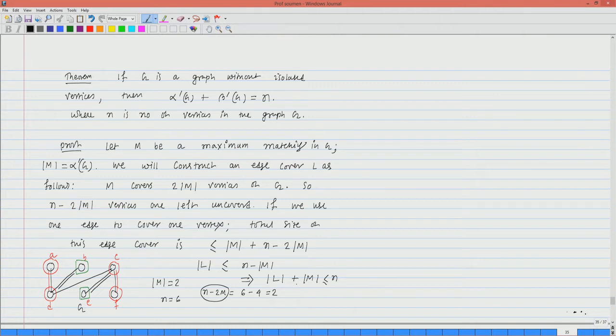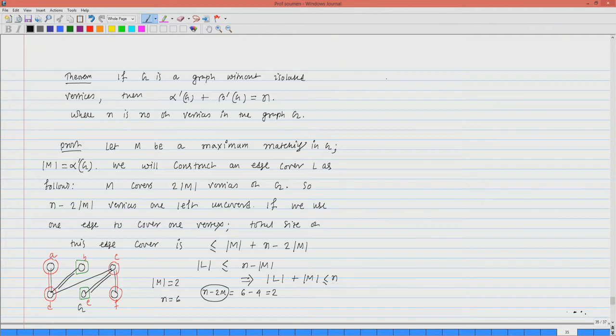So, starting from a matching, we got an edge cover, and from there we concluded that the cardinality of the minimum edge cover plus the cardinality of the maximum matching is less than or equal to n.